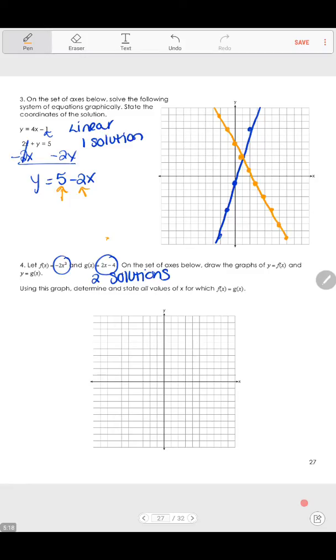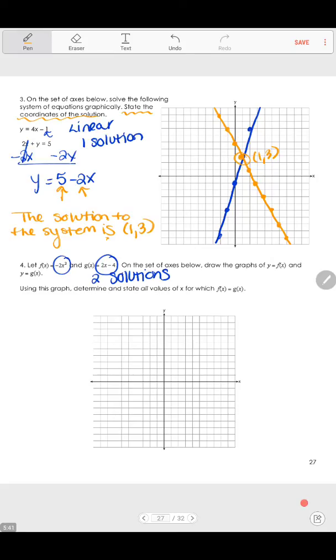And if you read the question, it says state the coordinates of the solution. So the solution to the system is, whatever this coordinate is, it's (1, 3).